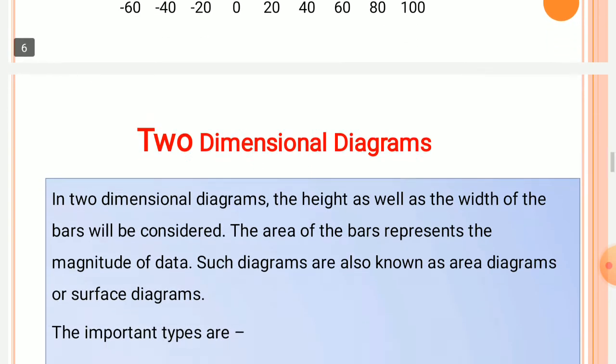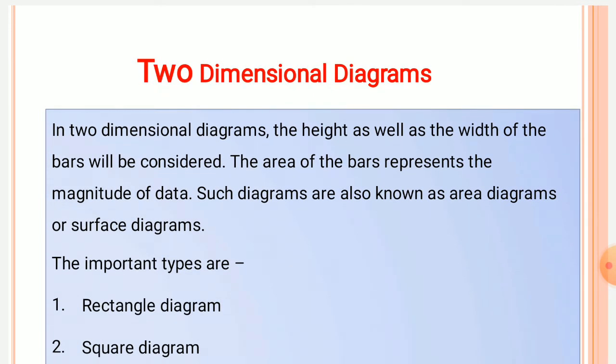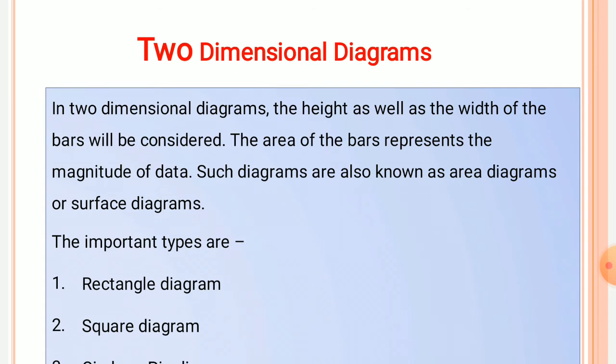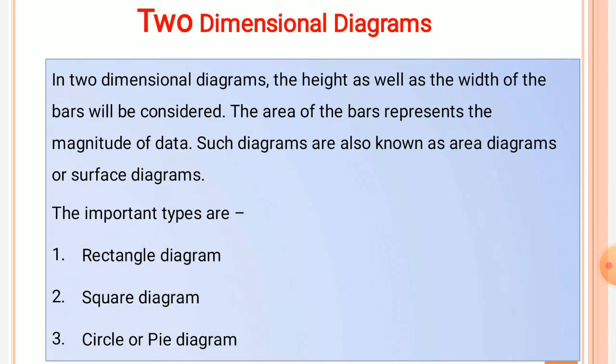Now, two-dimensional diagrams. These are diagrams constructed in business or in factories also, and businessmen use one dimensional as well as two dimensional diagrams for the purpose of understanding and analyzing.